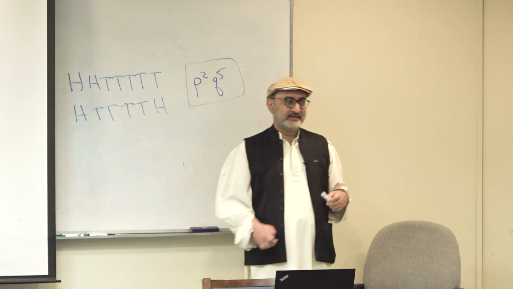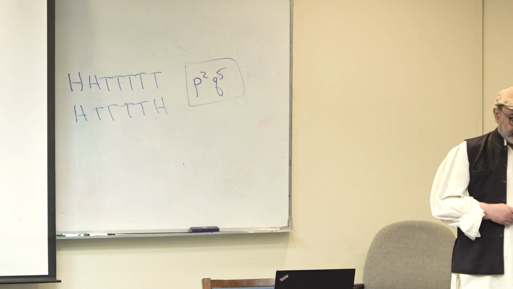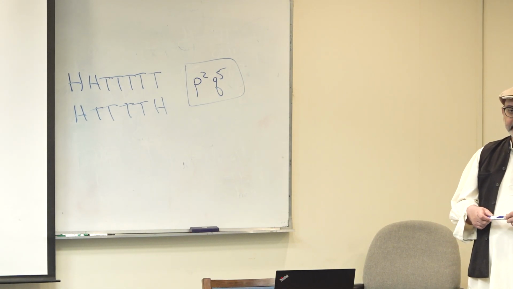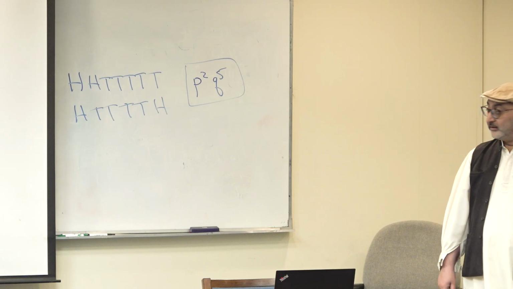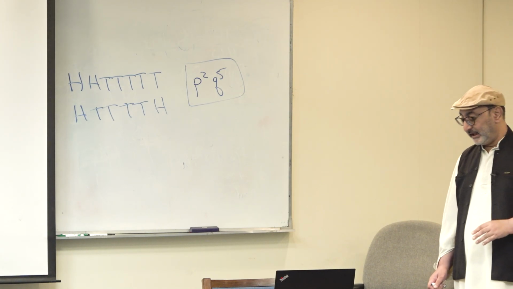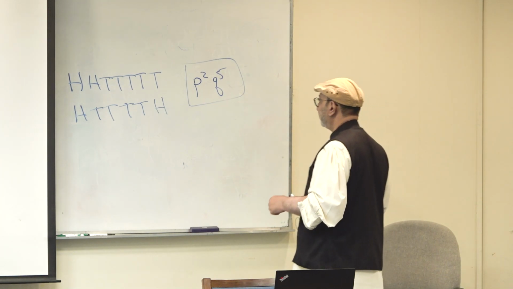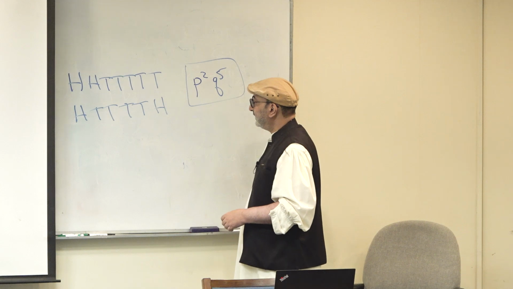All of the sequences with 2 h's and 5 t's have the same probability, P squared Q to the 5.